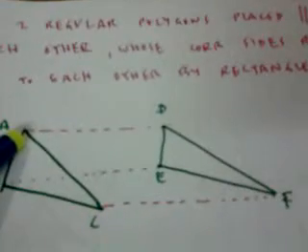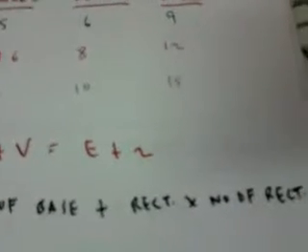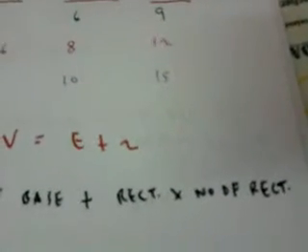So if you come back to the first figure, we can calculate the area of each of the three rectangles here. That will be this distance into side of triangle, into there are three rectangles. So twice into area of base plus area of each rectangle into number of rectangles.